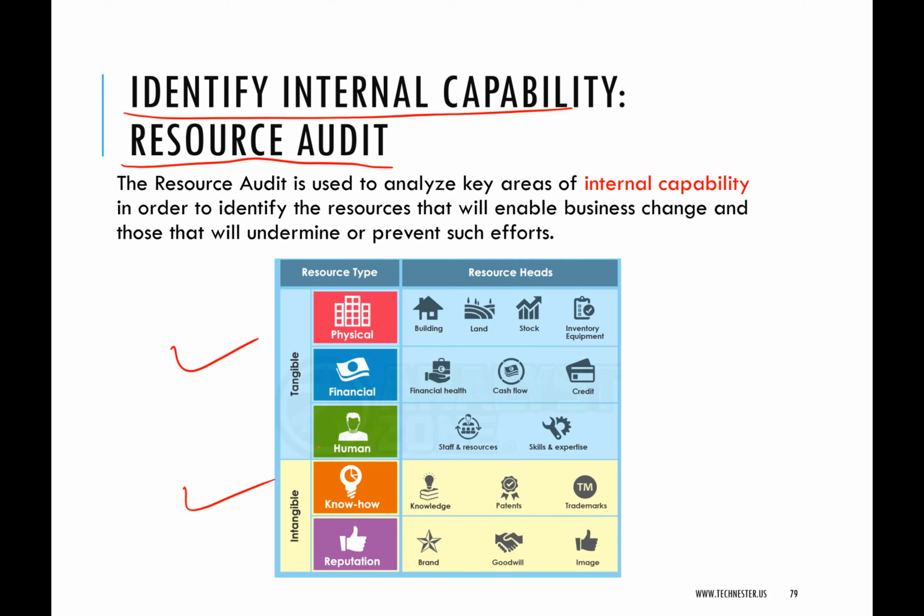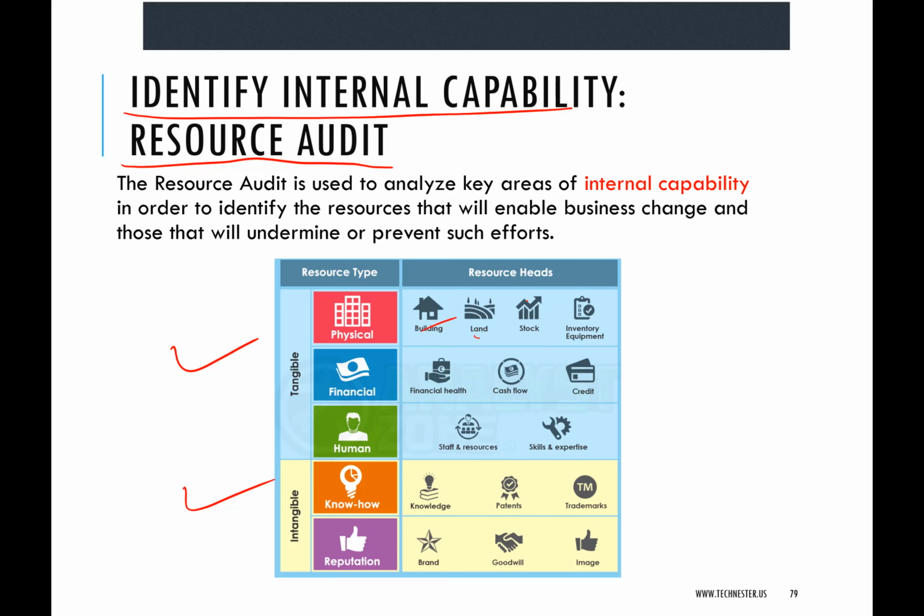So you can now go to the brainstorming meeting and say, okay, first, what are our physical resources? And they will tell you, okay, we have a building, we have land, we have stock, we have inventory, stuff like that. And you document those as strength.